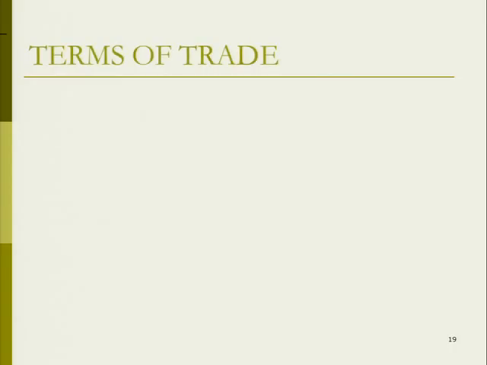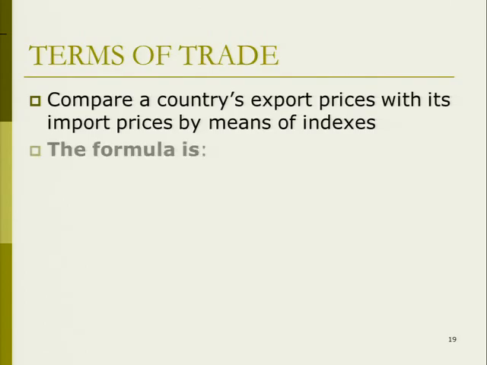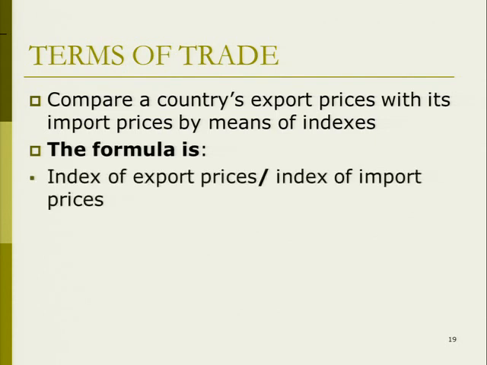Then, with regard to the terms of trade, what is important here is that we compare the country's export price with its import prices. So we need to know the formula which is used to express terms of trade.